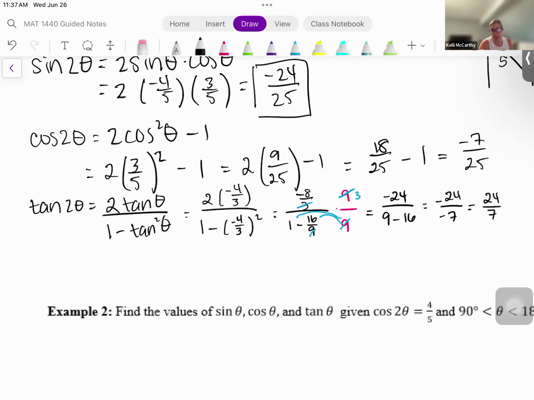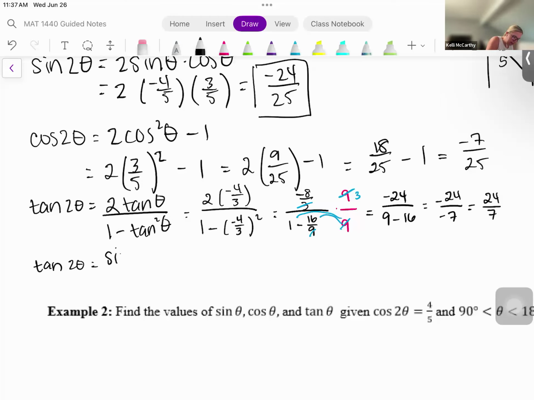Now, the other option for evaluating tangent of 2 theta is using that quotient identity for tangent, which is sine of theta divided by cosine of theta. Because it's tangent of 2 theta, we can still use that quotient identity, just making sure that we use the correct argument.